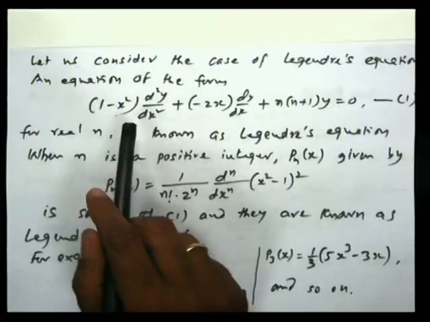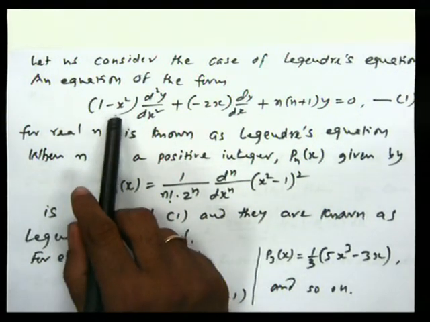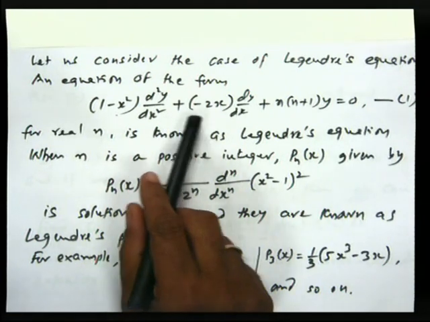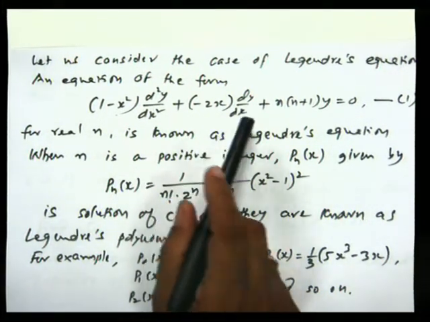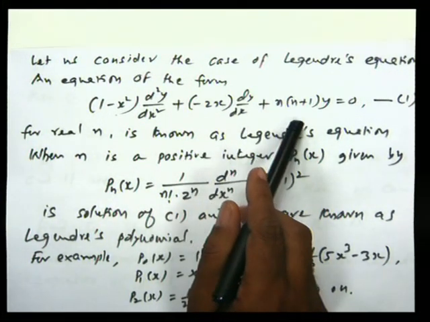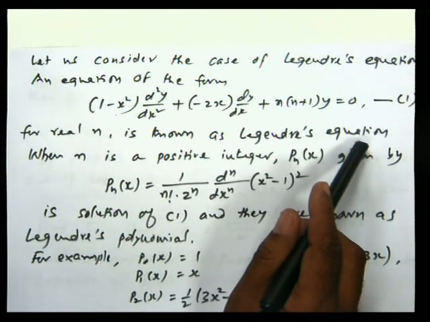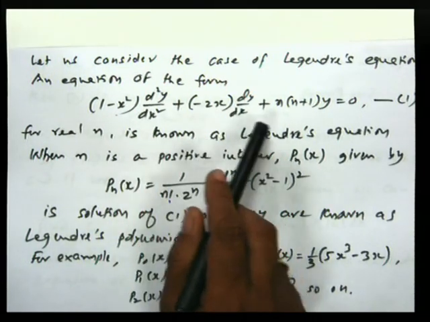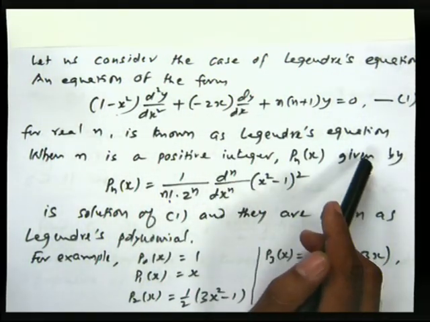Let us take a particular case of Legendre's equation. If you take an equation of this form, (1 minus x squared) d2y by dx squared minus 2x times dy by dx plus n times (n plus 1) times y is equal to 0, where n is a real number, then this equation is known as Legendre's equation.